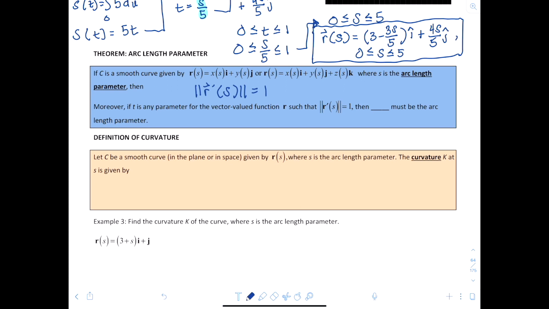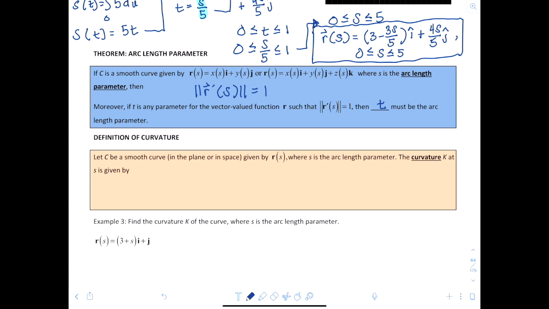Moreover, if t is any parameter for the vector valued function r such that the magnitude of r prime at t is 1, then that implies that t must be the arc length parameter.